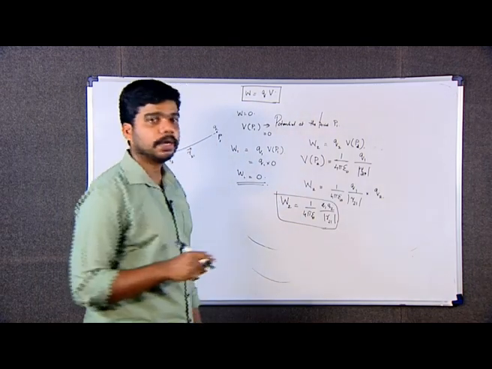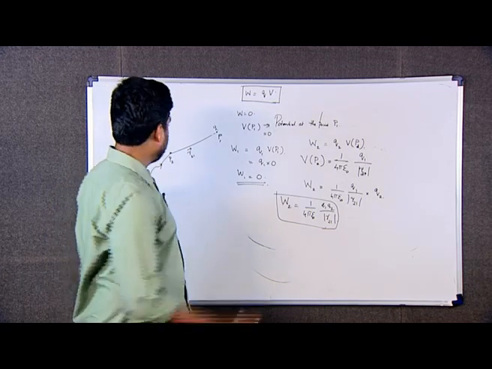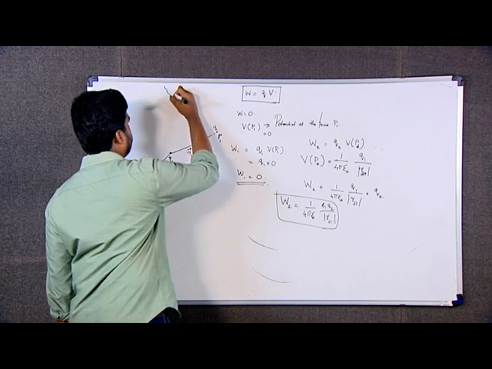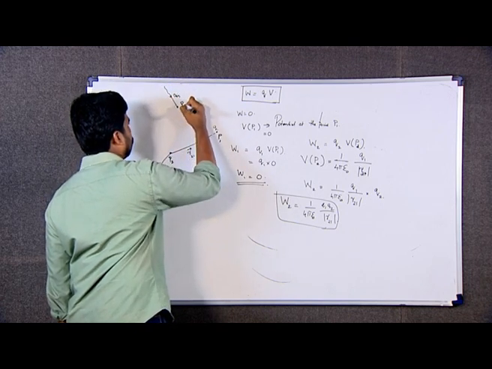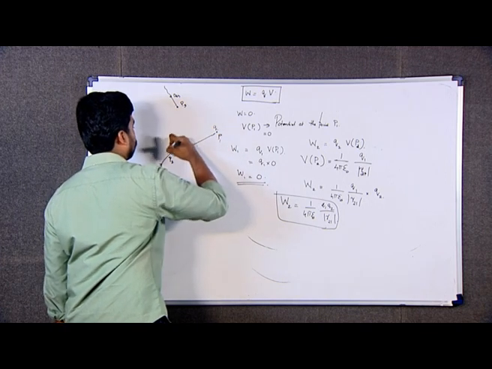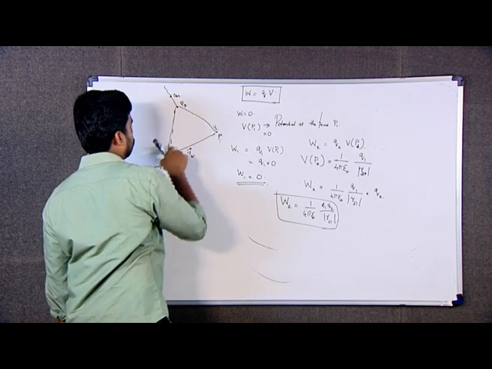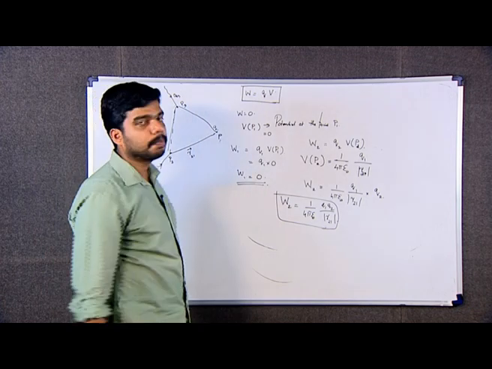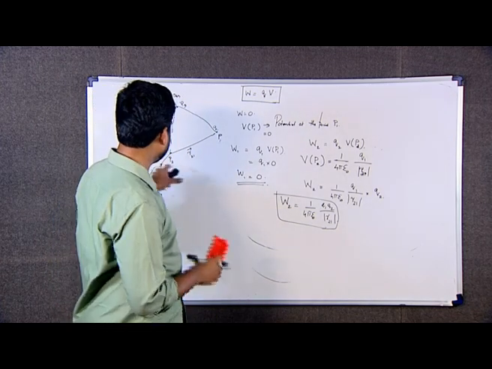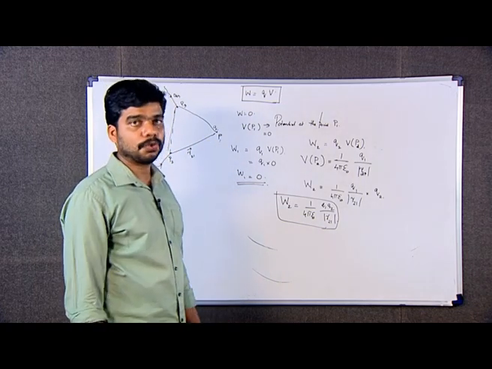Now, I want to assemble another charge Q3 at a point P3. What is the work done to assemble this charge? If you check, you can see that the potential at the point P3 is due to the charge Q2 and similarly the charge Q1.